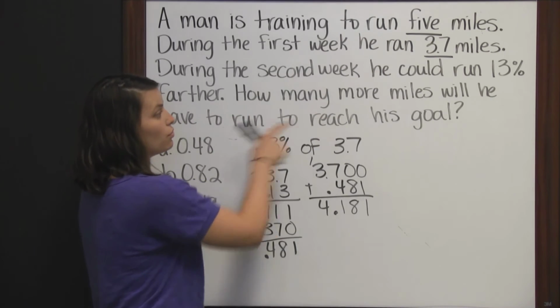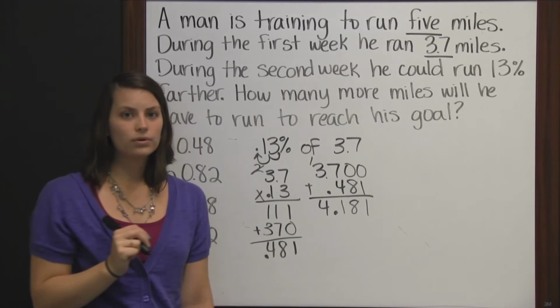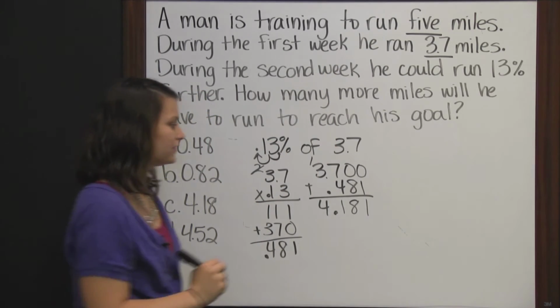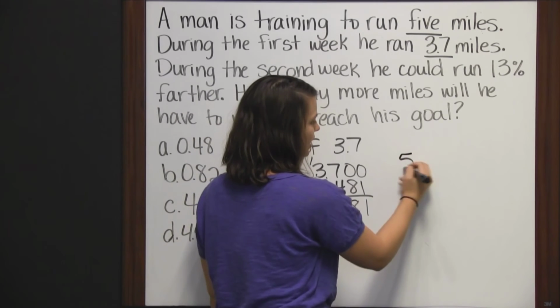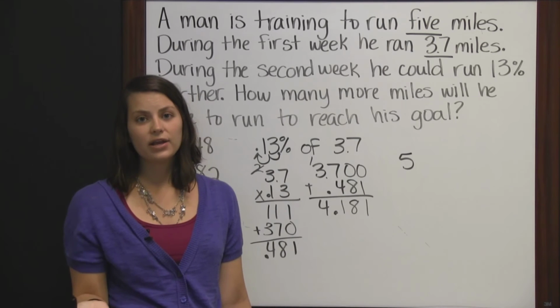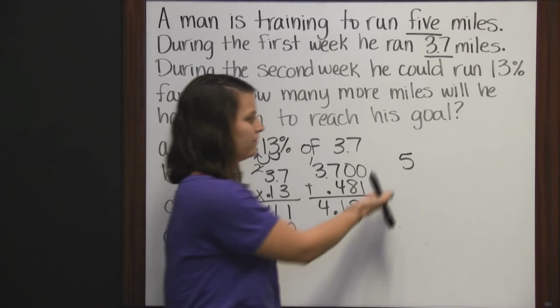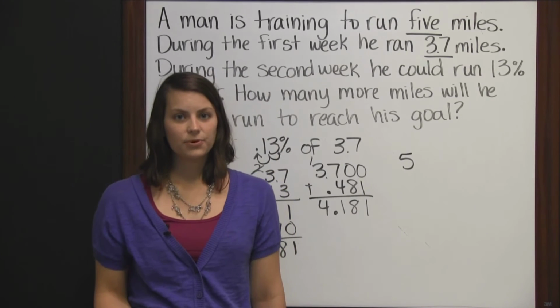So how many more miles will he have to run to reach his 5-mile goal? To find that, we'll have to subtract. So take the 5 miles, and remember with decimals, either adding or subtracting, we have to line up the decimals. In 5, we don't see a decimal.